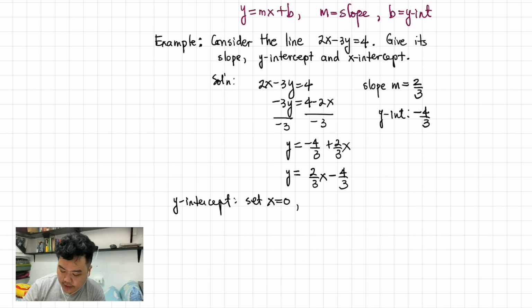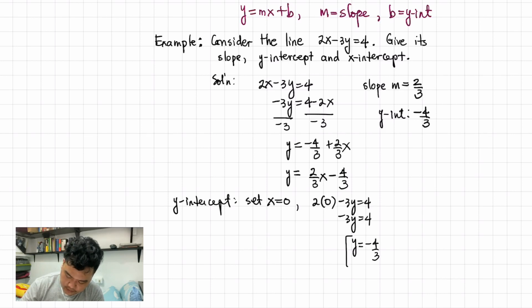You can use this one or this one, but I prefer using this one because it's easier, I mean, there are no fractions. So we get 2 times 0 minus 3y is 4. So negative 3y is 4, because this is 0. And then divide everything by negative 3. So y is negative 4/3. As you can see, they match.